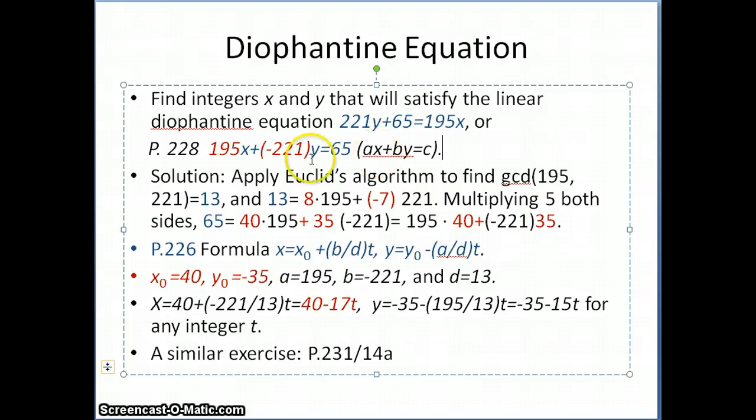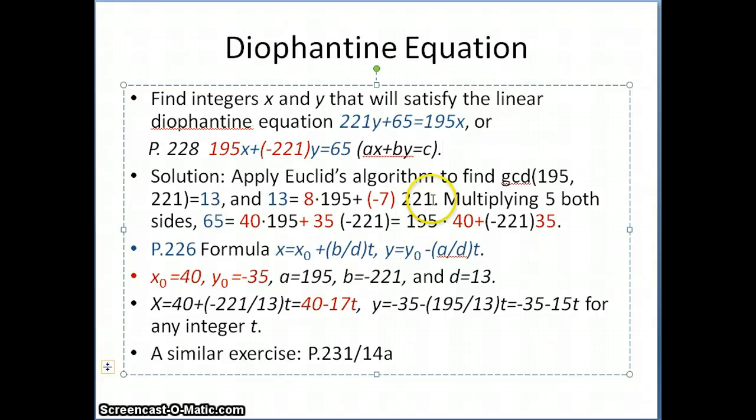So the idea of solving this equation is to find one particular solution for x and y, because clearly we have two unknowns and we only have one equation. That means solutions will not be unique. So we have infinitely many solutions.